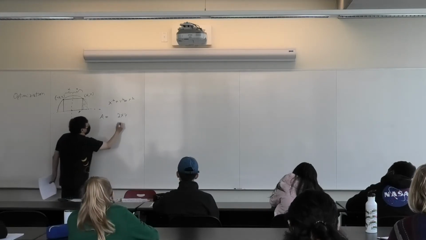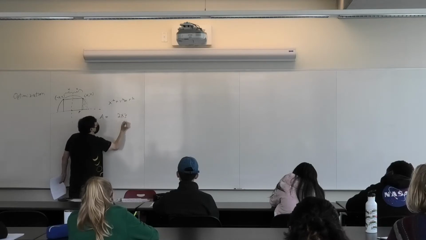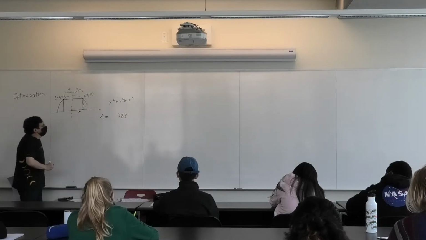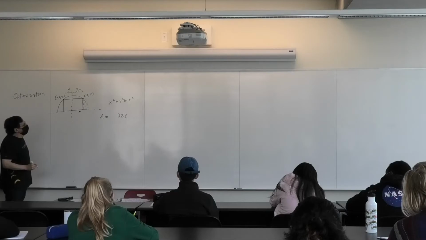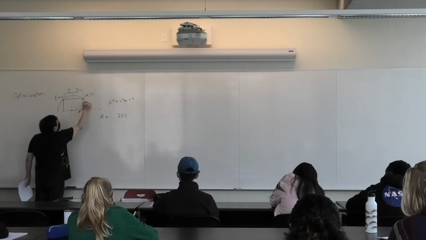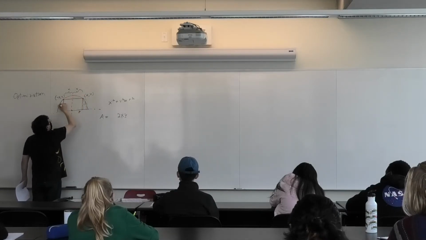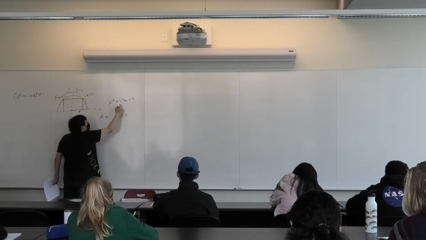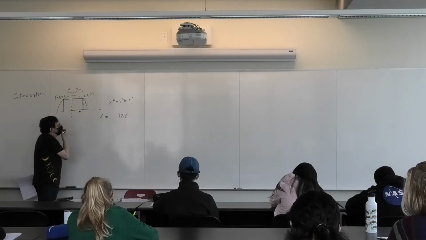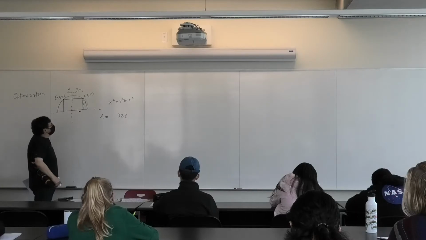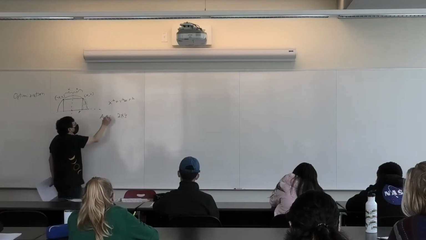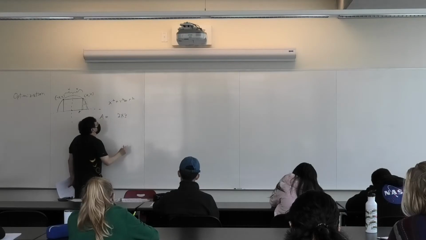But of course, now we have the area in terms of 2 variables, which is obviously a problem. But we know all the points here are constrained by this equation. So we could solve for one of these variables and eliminate.